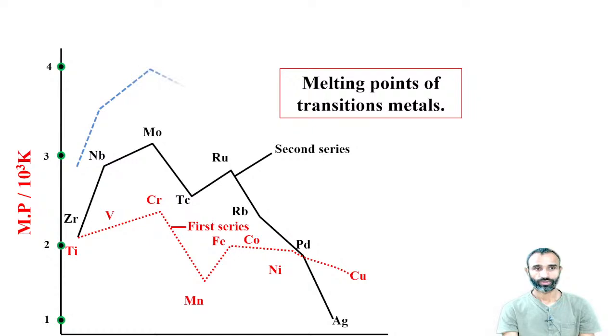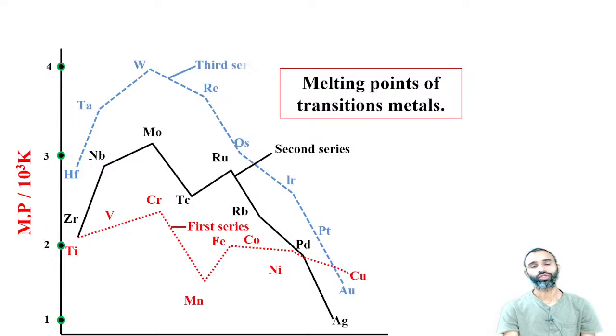Because somewhere in between they have no unpaired electrons. First there is an increase in the number of unpaired electrons. Then for manganese and technetium, they have a large number of unpaired electrons, but the melting point decreases. Why is it so?